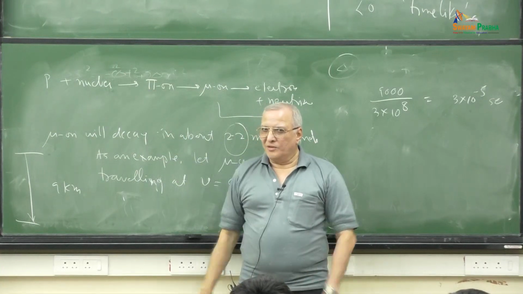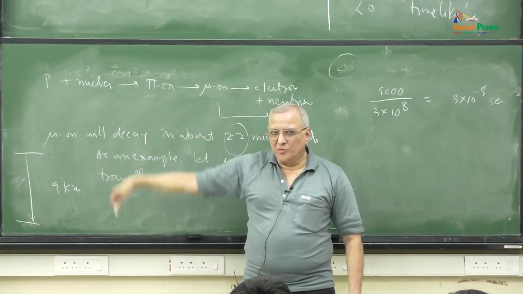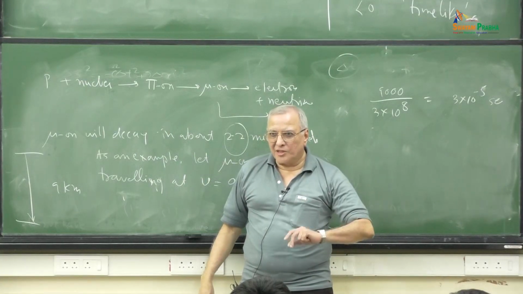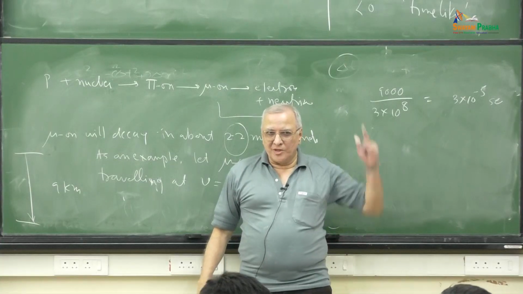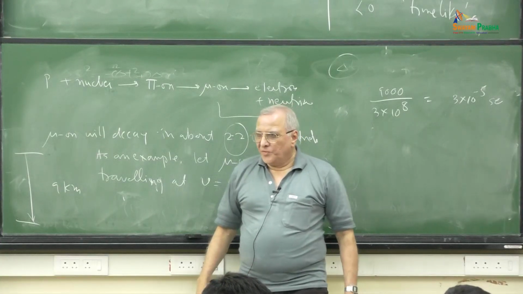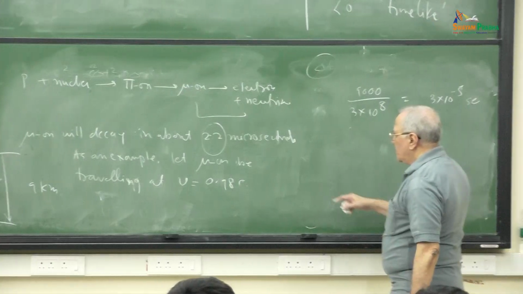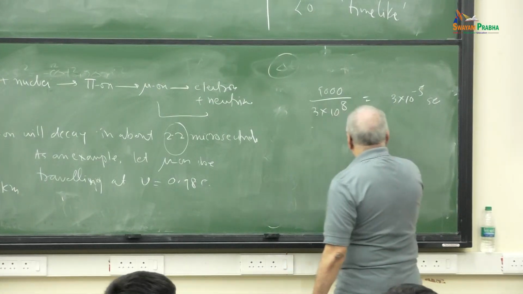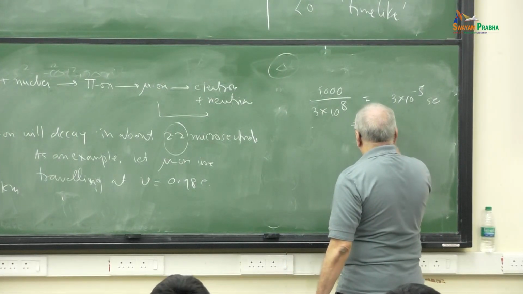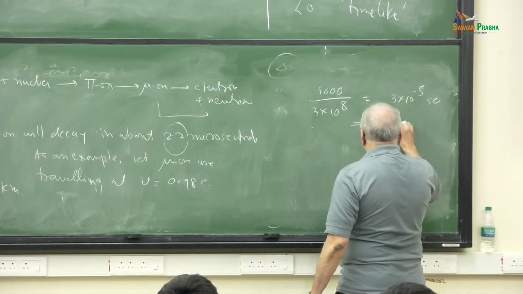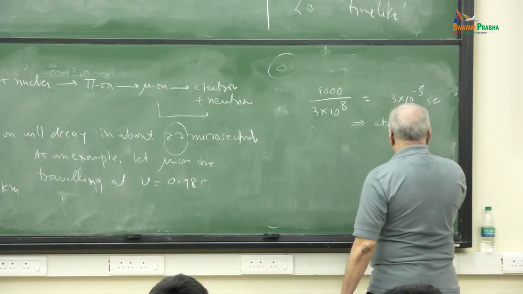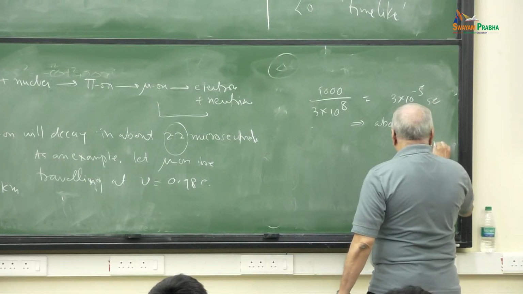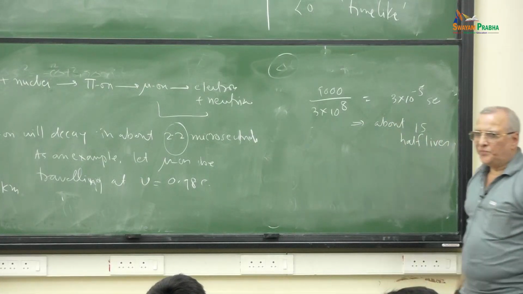That fellow has a clock. That fellow is moving because the muon is moving, but moving clocks have a different tick rate. By how much does it change? By the formula that we have upstairs. So then this implies about 15 half lives, roughly, right?